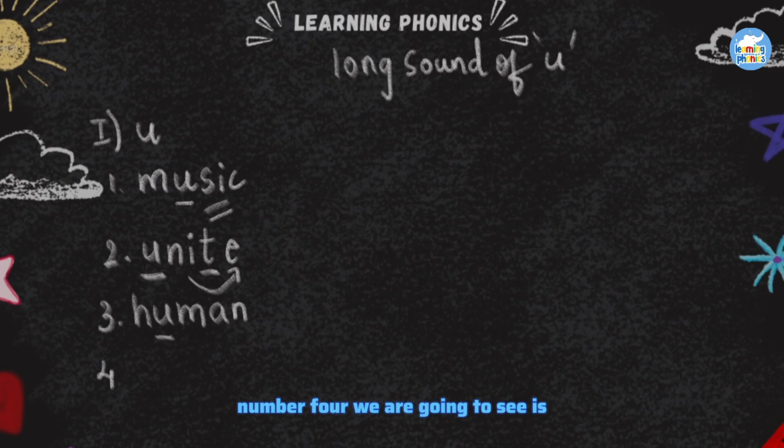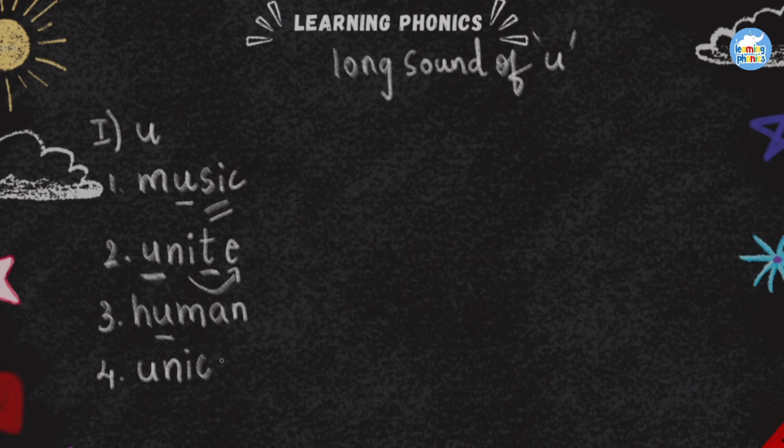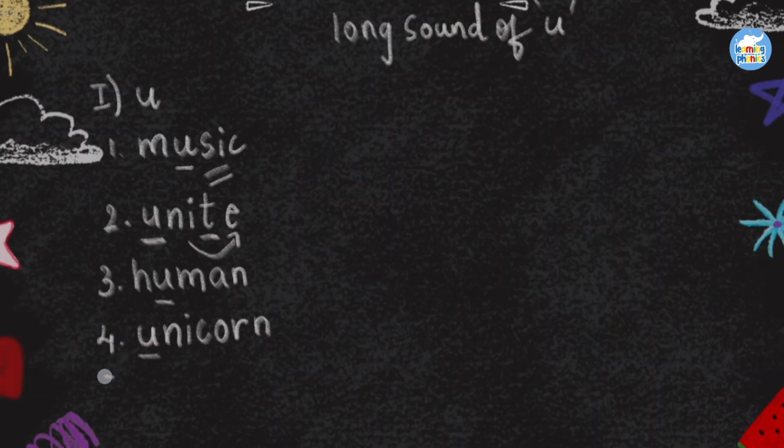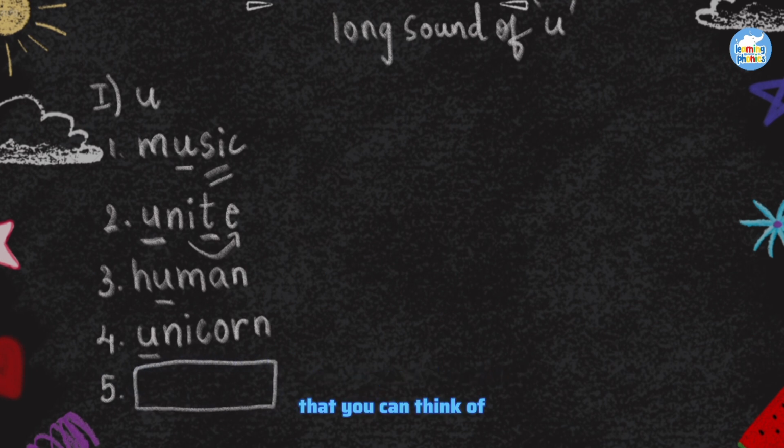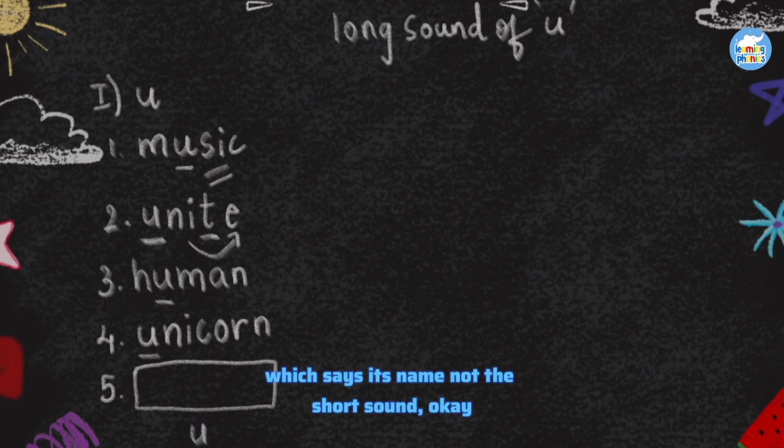Number 4 we are going to see is unicorn. Why don't you tell me the fifth word that you can think of which has letter U, which says its name, not the short sound.